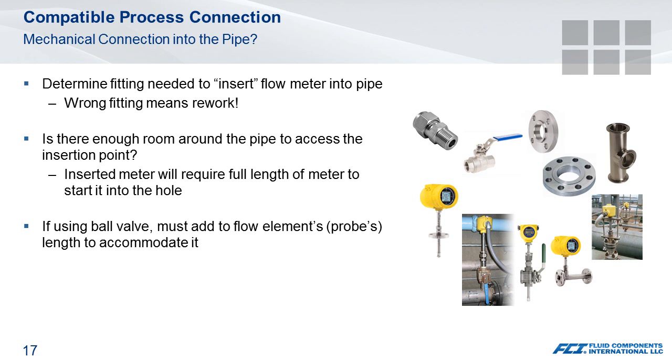Other manufacturers, we also have products that have a simple T that's very small, with no flow conditioner, and can drop in pretty easily. So what type of pipe fitting, what is the process connection? Is there enough room to fit it in? Consider all those mechanical constraints.